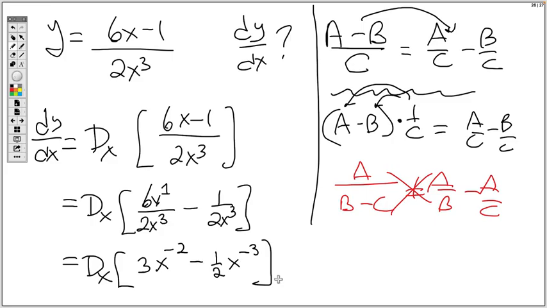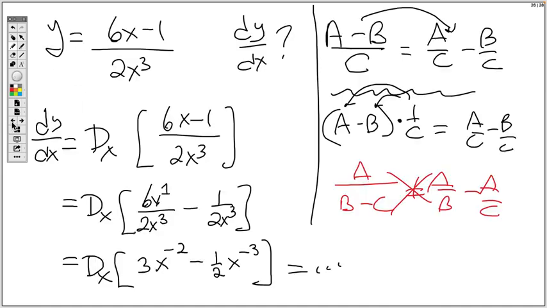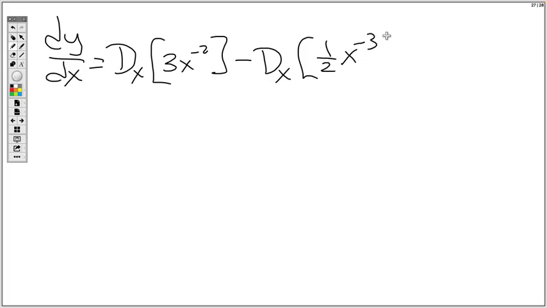Now, I have a sum or difference of powers of x with constant multiples, which means I can use the rules I know. What's the first rule I would use on this one? Sum and difference. dy dx equals derivative of the first term, 3x to the minus 2, minus the derivative of the second term, 1/2 x to the minus 3.